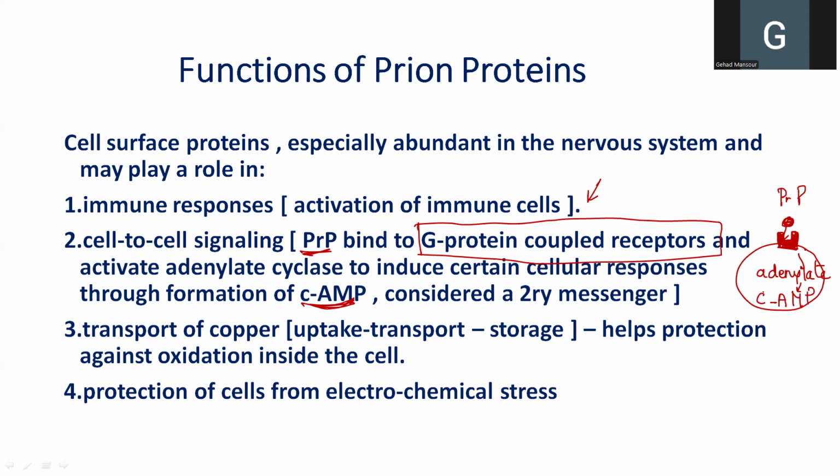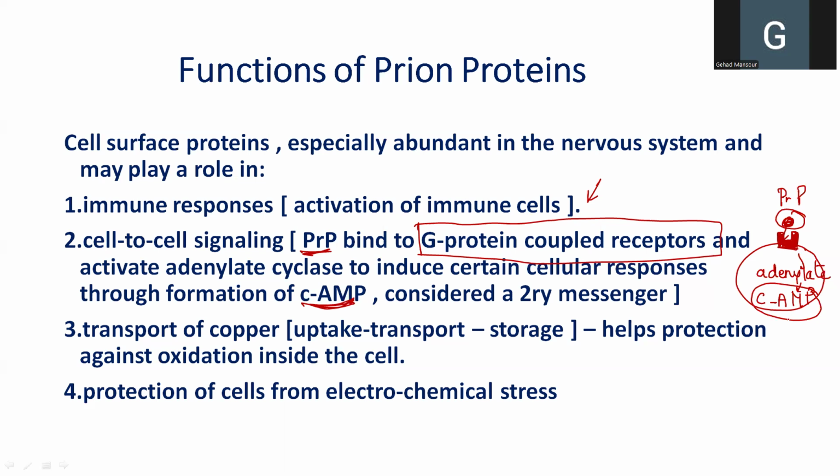And cyclic AMP is called a secondary messenger because PrP cannot enter the cell, but it makes all the changes through cyclic AMP. So cyclic AMP is a delegate of the prion protein, and it induces a secondary response in the cell.